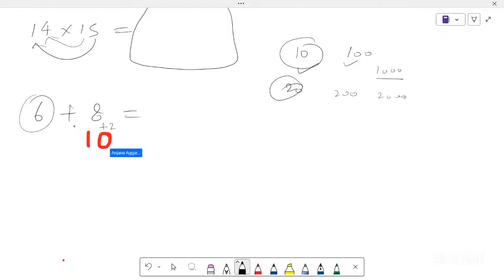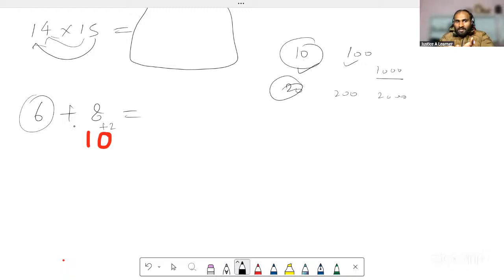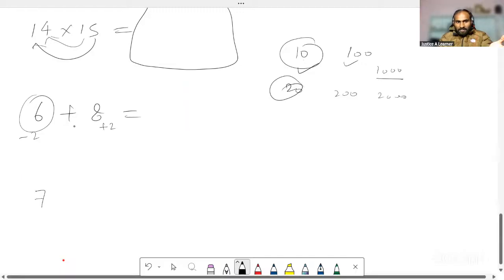So if you are adding 2, where will you get 2 from? You can take 2 from this 6 only. So this is my concept. Take something, balance it to nearest zero, and then sum up. So the answer is 14. Okay, one more problem: 7 plus 9.